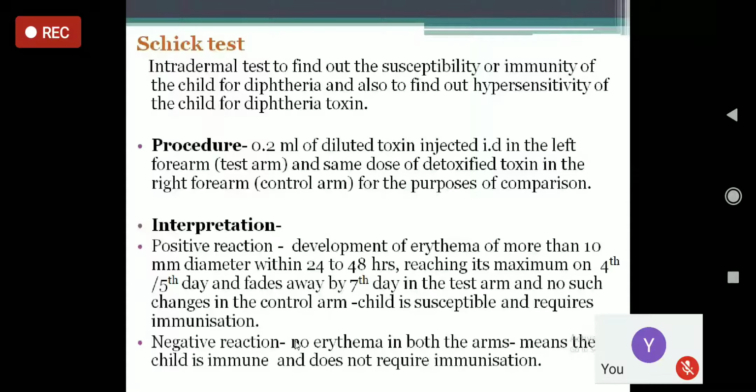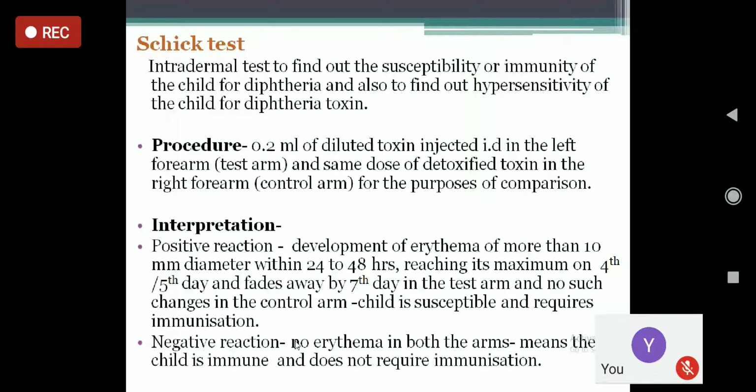So how to interpret this result? A positive reaction is when there is development of erythema, redness of the skin, of more than 10 millimeter diameter within 24 to 48 hours. So after injecting 0.2 ml of toxin, after 24 to 48 hours, the child will develop erythema.